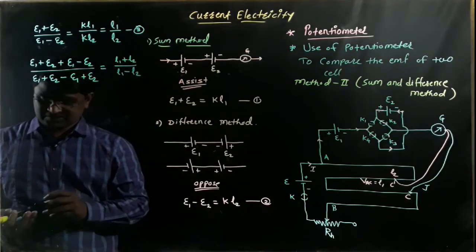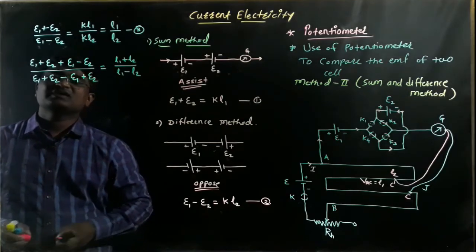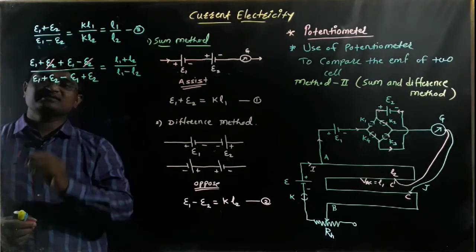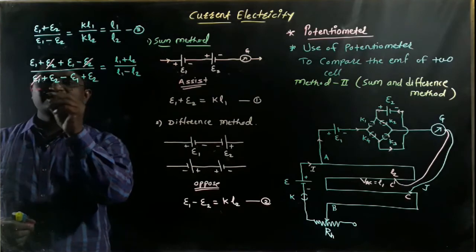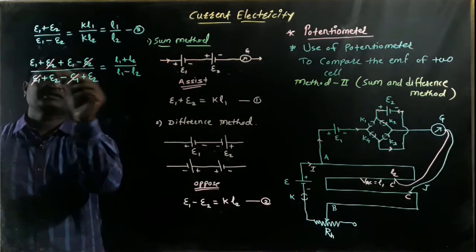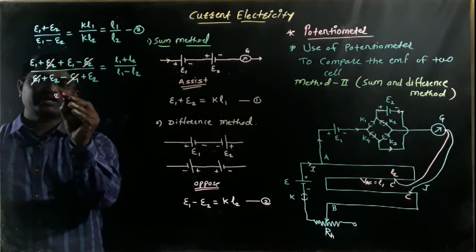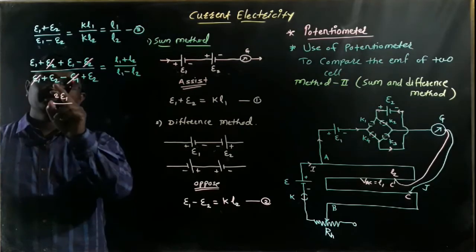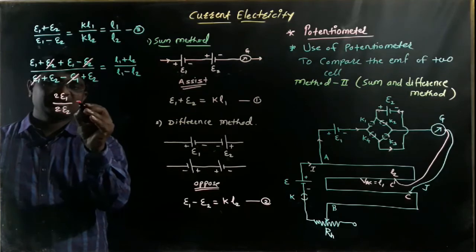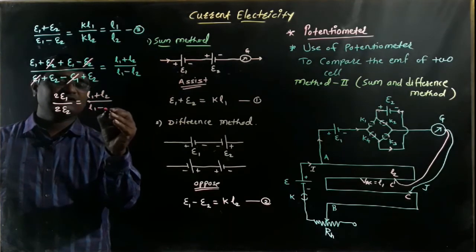Now see here, it is very important. Which factors are cancelled here? Epsilon 2 minus and this plus will be cancelled. Now here epsilon 1 and epsilon 2, plus and minus, will be cancelled. What remains is epsilon 1 plus epsilon 1, that is 2 epsilon 1, divided by epsilon 2 plus epsilon 2, that is 2 epsilon 2, and this is equal to L1 plus L2 divided by L1 minus L2.